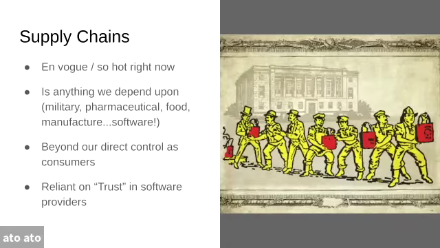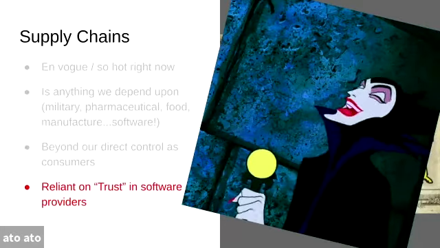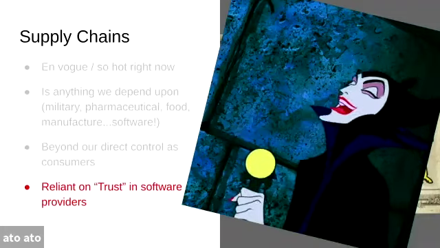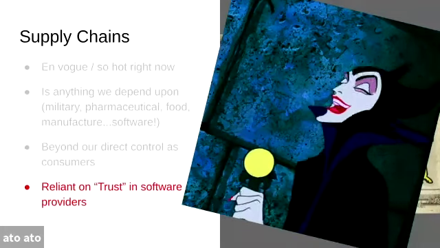The important thing here is the producer-consumer relationship. As a consumer, we inherently trust everything that is provided to us in the supply chain. This is problematic because that producer is also a consumer of somebody else's product. All the way down, the turtles continue. And in this case, we are reliant upon trust, which is potentially the area that we find ourselves compromised the most.